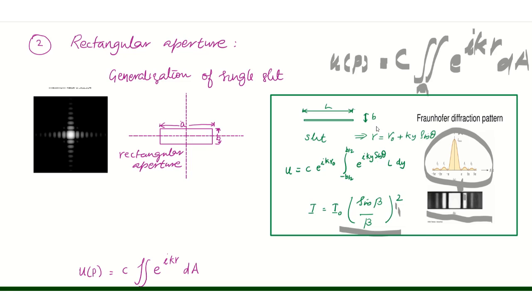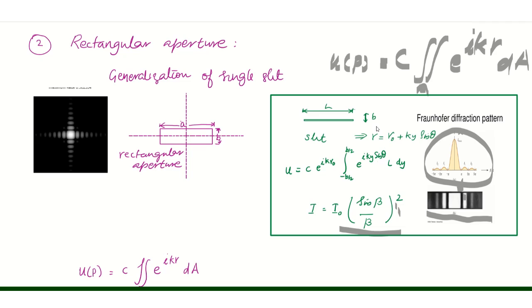And also during the derivation, we have seen that it is only the aperture that's going to contribute to the intensity pattern at any point in the far field, or beyond the slit.